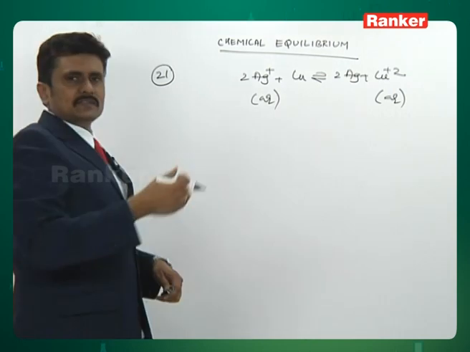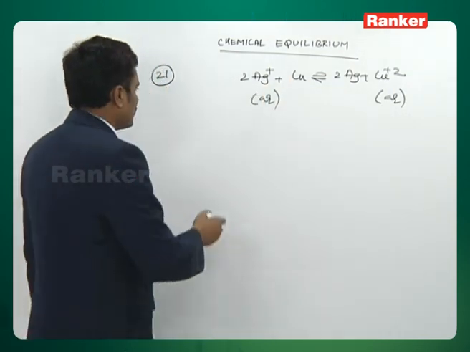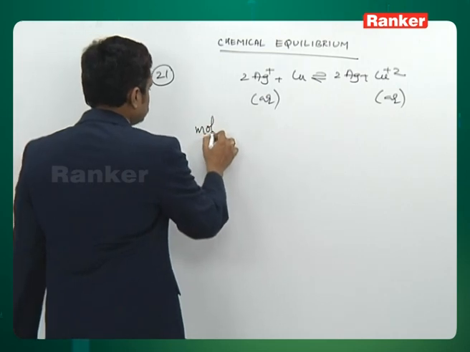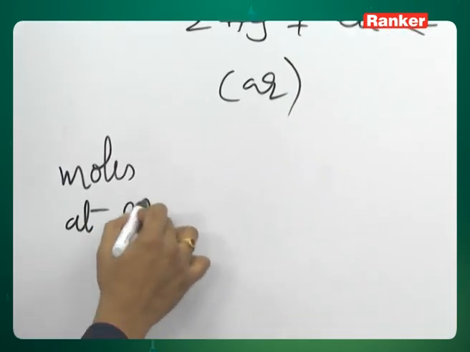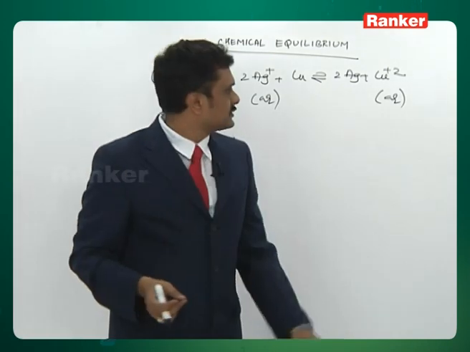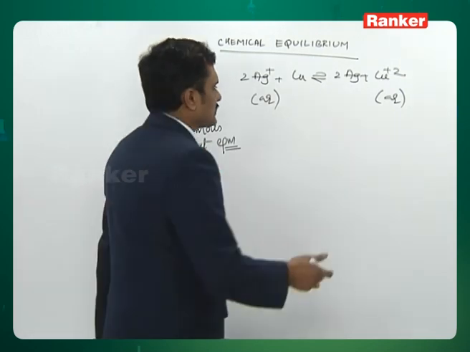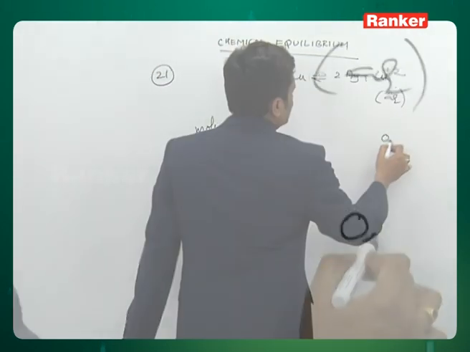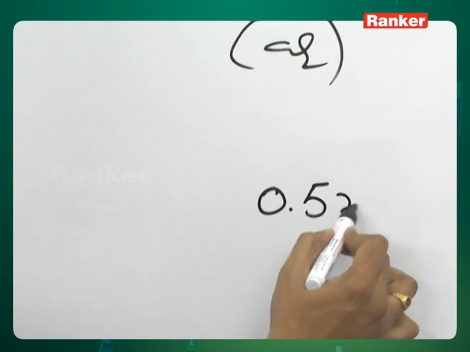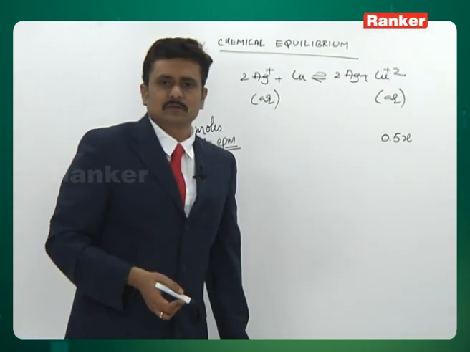Now this is a mixing case, so we will be converting the concentration terms into number of moles. When the moles at equilibrium are obtained in terms of x, you can see the molarity of Cu2+ solution is x and volume is 500 ml. So when I multiply the molarity with the volume in liters, 500 milliliters means 0.5 x happens to be the number of moles of Cu2+.